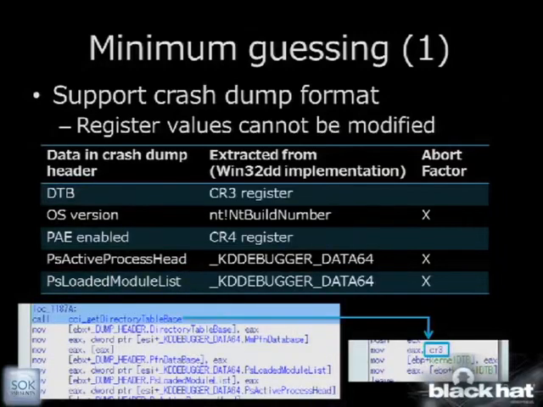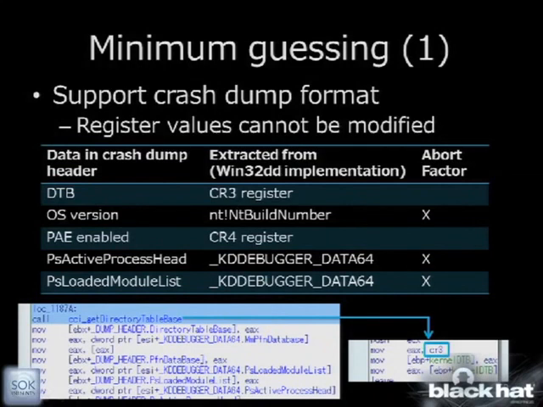However, please trust only values extracted from CPU registers. In WinDD implementations, the DTB value is copied from the CR3 register, like this. So you can use it without malicious modification risk. Other values like OS version and PsActiveProcessHead can be modified.